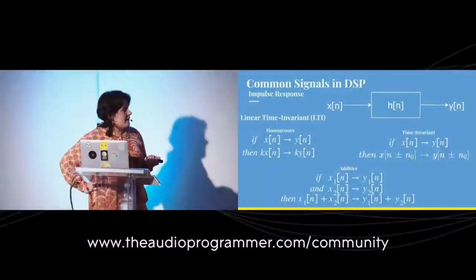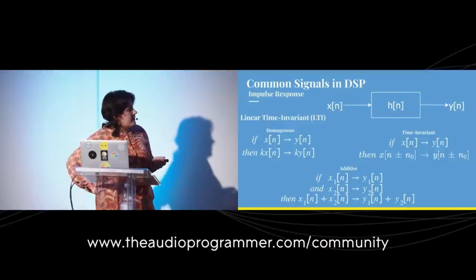So I want to define linear time invariant systems. Last time, at the end of the talk, I spoke about the conditions for linearity. A system has to be homogeneous and it has to be additive. Homogeneous meaning that if we scale the input by some factor, then the output is scaled by an identical factor.